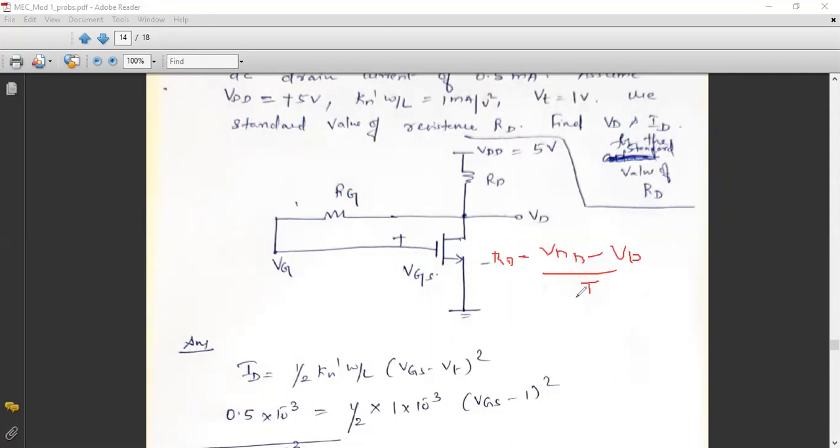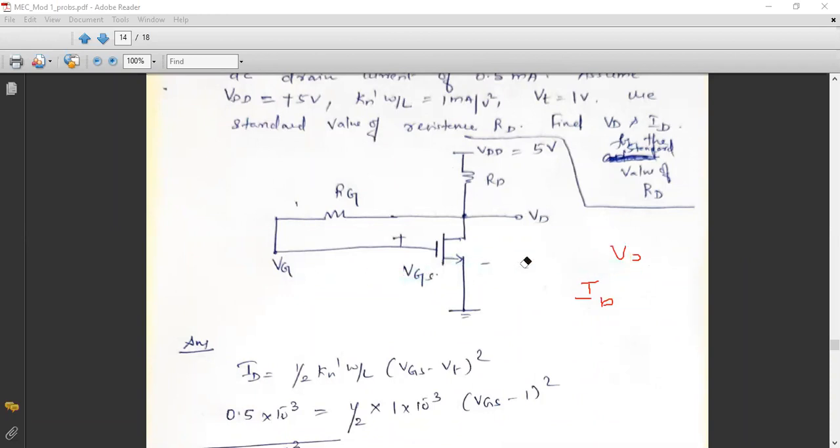ID is already given to you, right? So the only unknown value is VD. And I told you VD is the same as VG, which is equal to VGS. So if you find VGS, then that value can be taken as VD, and you can substitute here and design RD.